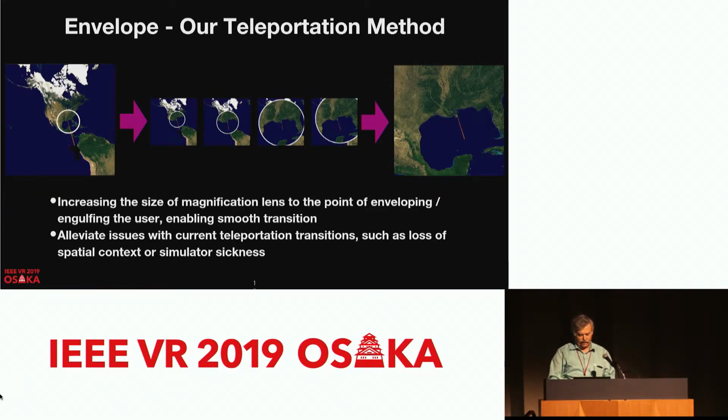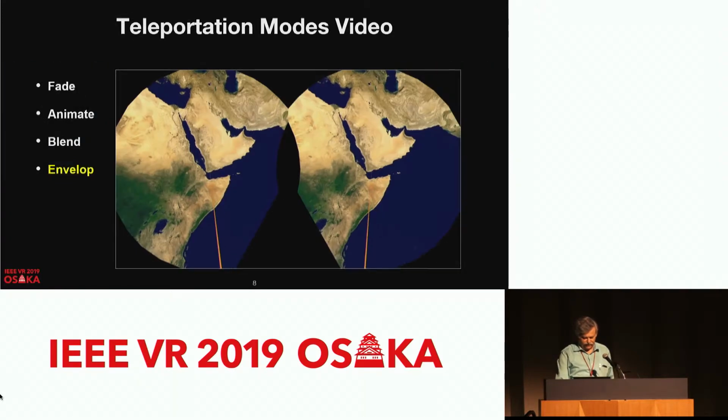That's why we call it an envelope. And this alleviates some issues that are with other teleportation transitions. We don't lose the spatial context, and we reduce the simulation sickness.